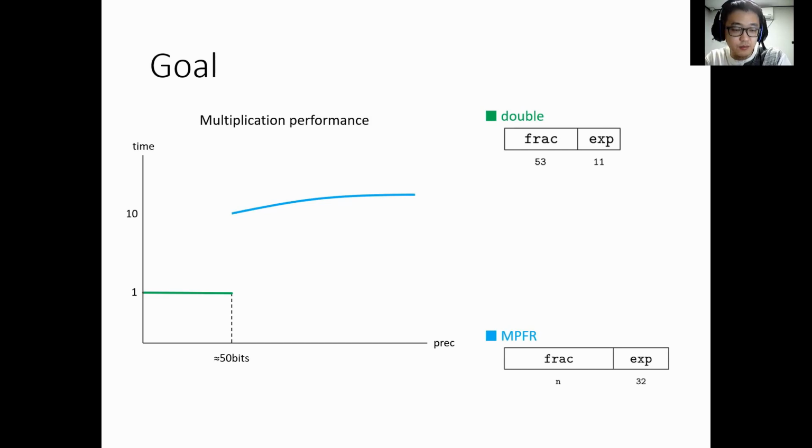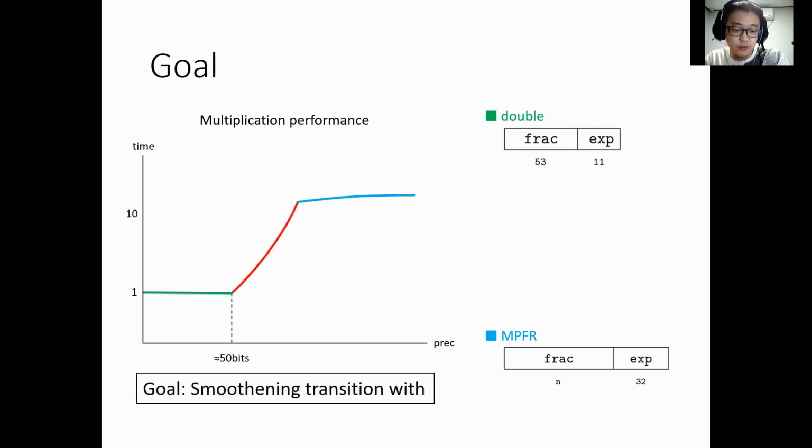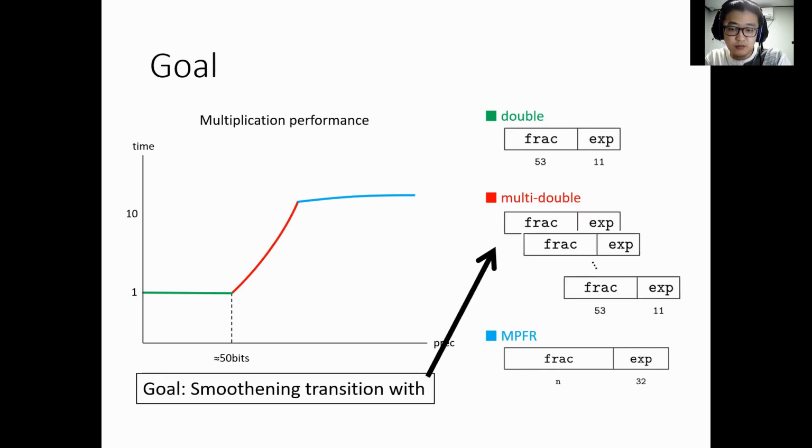But the problem is this performance gap between these two different data structures. Our goal is to smooth this transition by implementing multi-double. It looks like this. So what is exactly multi-double?